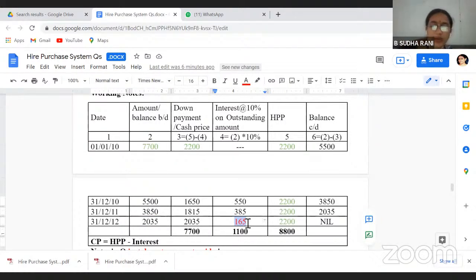Got it? The red mark I marked. That means whatever the last year's cash balance is, you subtract from the hire purchase price, that is the installment amount. The balance is going to be interest, and the same amount is going to be the cash balance. And no further balance. If I ask you to do further, there is no further balance. It's closed.